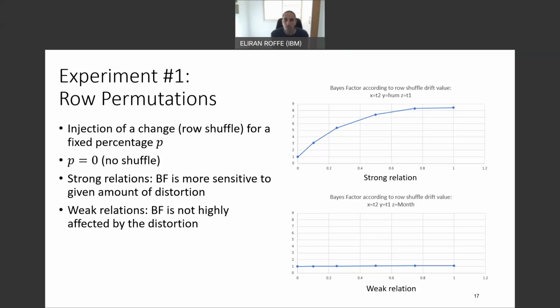You can also see that when we shuffle something like 70% or 0.7 here in the graph, 70% of the rows, it is not increasing anymore. Why? Because the data is so random, there is almost no importance for the base factor, because the data is already too bad in this case.